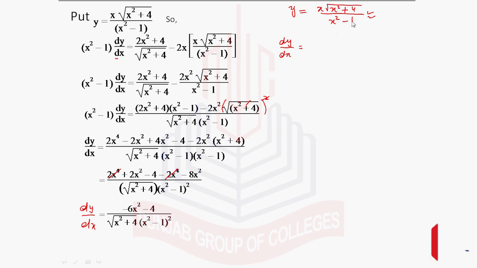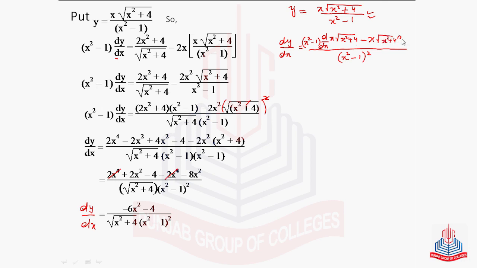So this one will be actually x square minus 1 whole square in the denominator, x square minus 1 will be as it is, derivative will apply on x square plus 4 minus x square plus 4 will be as it is, and derivative will apply on x square minus 1. We can simplify this question by using this method also.